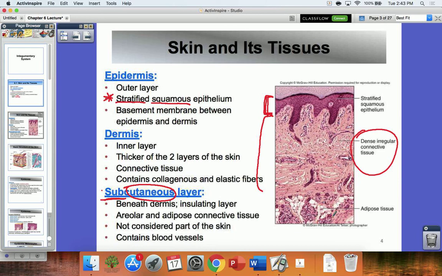We're going to have a lot of areolar connective tissue and also a lot of adipose tissue. Remember, that's the fat, and so that's why we have adipose tissue here in the subcutaneous layer at the bottom. We also have blood vessels in the subcutaneous layer that help to supply nutrients for that layer. And we're going to go into a little bit more detail about the other two as well.